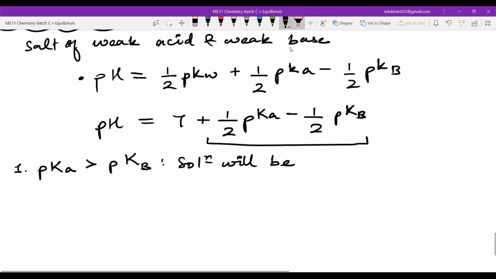You just need to tell me if pKa is greater than pKb, then the value of the underlined part will be positive or negative. If pKa is greater, positive.